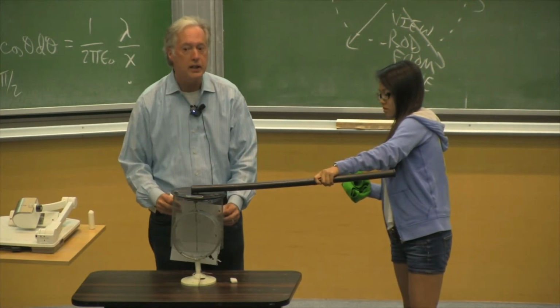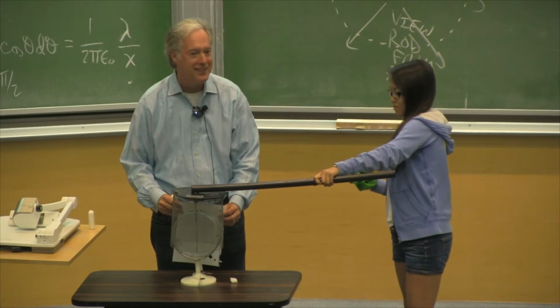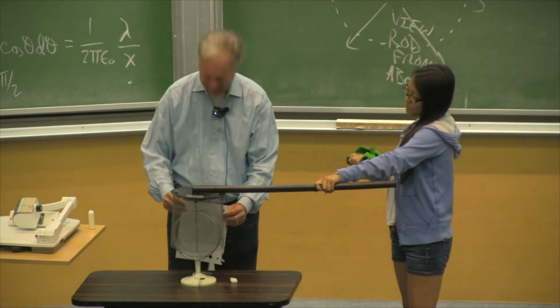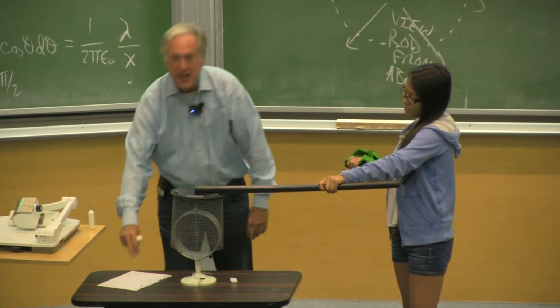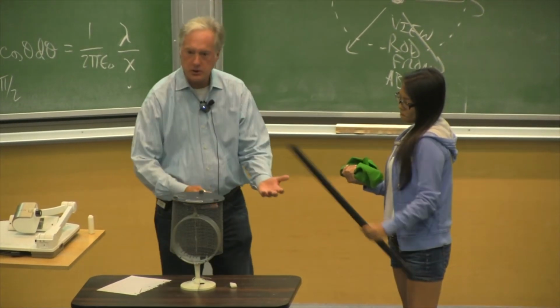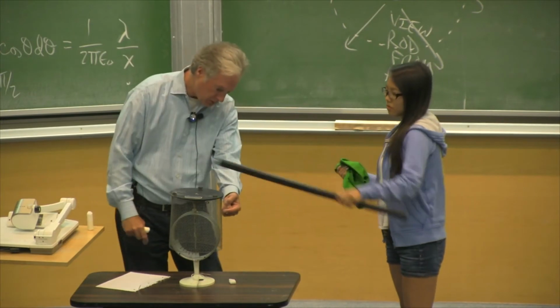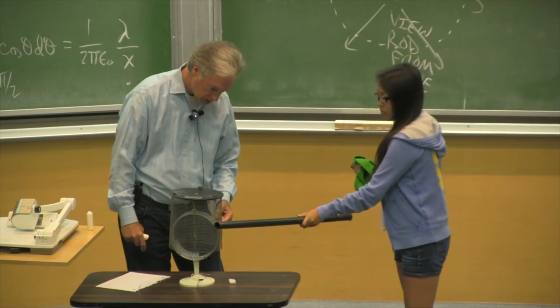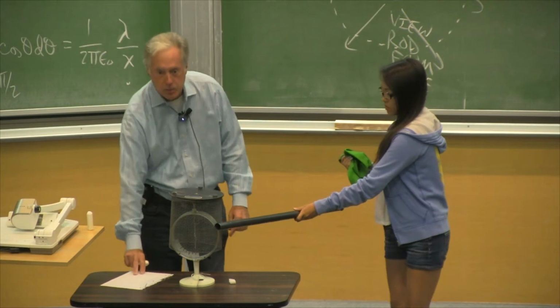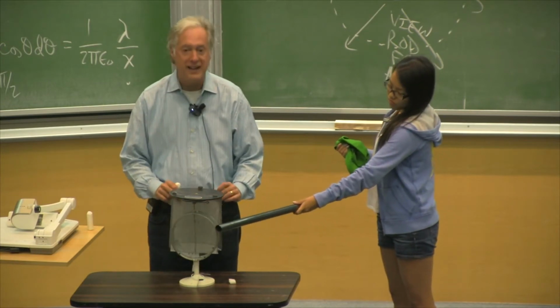Nothing. You are getting sleepy. Nothing happened. But there was charge on this. Do that again. And let's try putting it over here on the cage. What happened? Nada, niente.